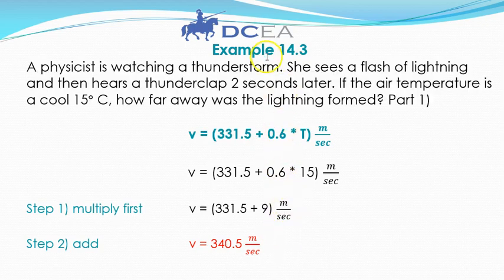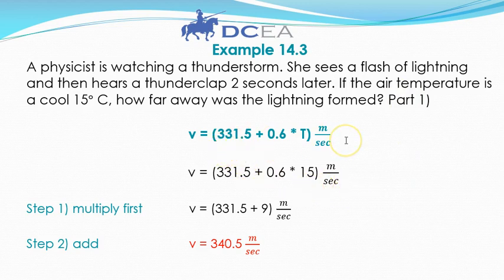Now let's look at another example. A physicist is watching a thunderstorm. She sees a flash of lightning and then hears a thunderclap 2 seconds later. If the air temperature is a cool 15 degrees Celsius, how far away was the lightning formed? Now this is just the first part of what we need to find. First, we're going to find the speed.